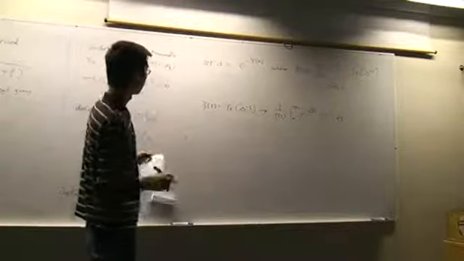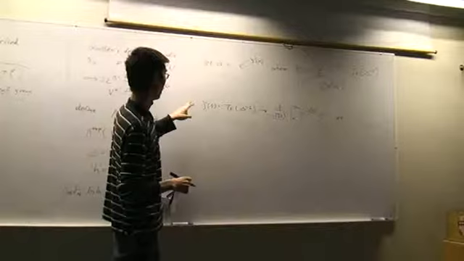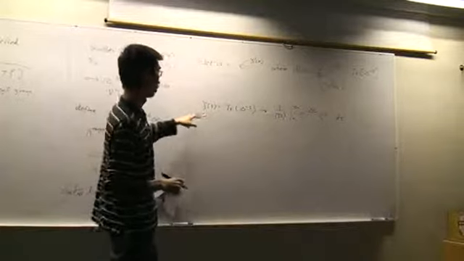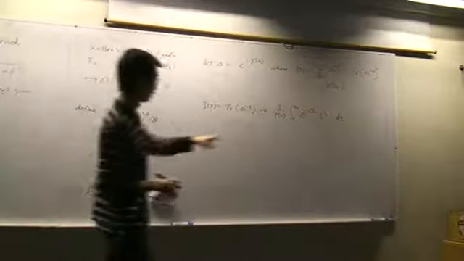Remember, what we're going to do next is take a derivative with respect to s and set s to 0. And also we're going to vary with respect to both alpha and alpha bar. Now, look at this.